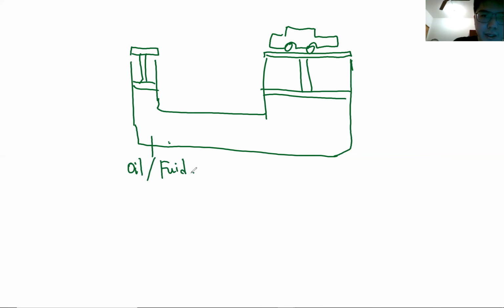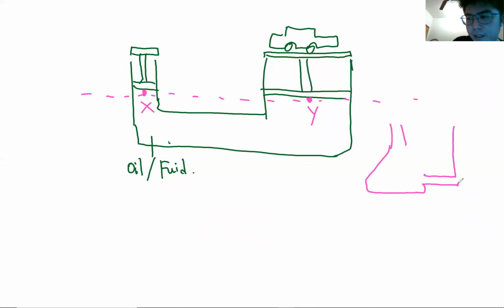So at point X here, there is the same pressure as at point Y. So you have to remember, anytime you deal with water, the pressure is the same at every level, at the same level. It doesn't matter if my container is like, if this is my conical flask, for example, I write it down like this. This is the conical flask, and it is connected to a test tube, let's say.